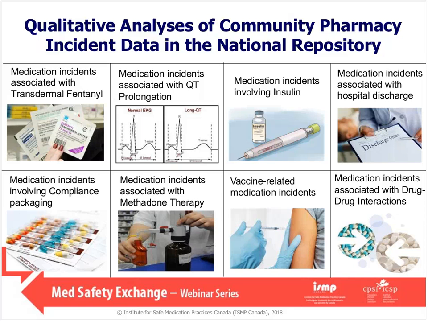These include medication incidents associated with transdermal fentanyl, QT prolongation, insulin, compliance packaging, methadone dispensing, vaccines, and many more. These are just a few of the numerous analyses that we've done over the years. To give you a better understanding of the content and format of these analyses, I'd like to highlight one of our multi-incident analyses in particular, which is based on medication incidents associated with hospital discharge.